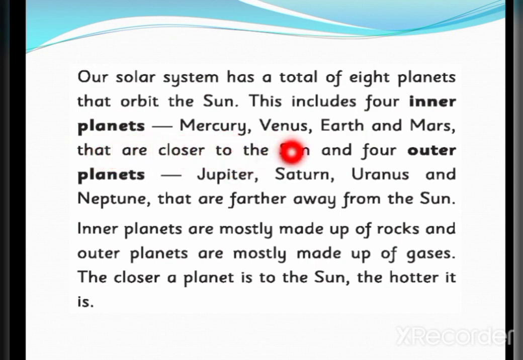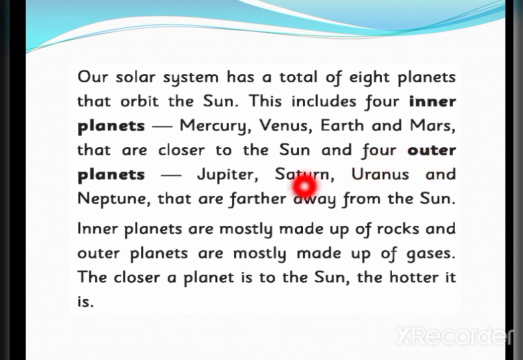Mercury, Venus, Earth and Mars. Inner planets are Mercury, Venus, Earth and Mars that are closer to the sun.